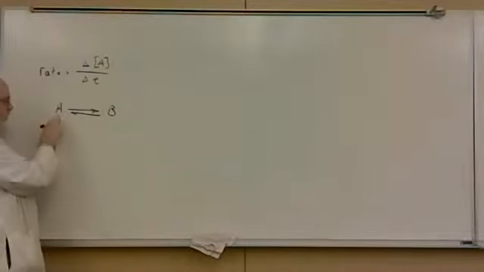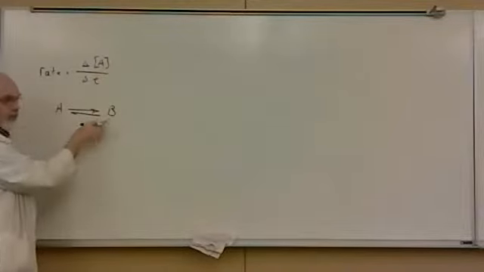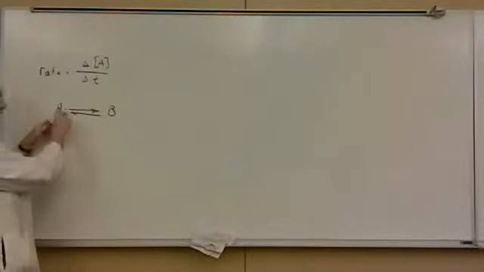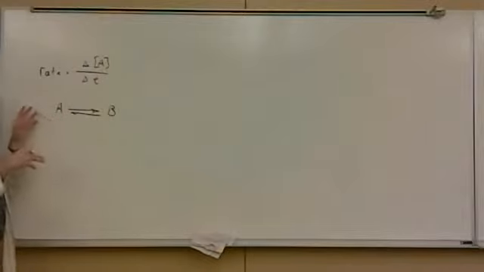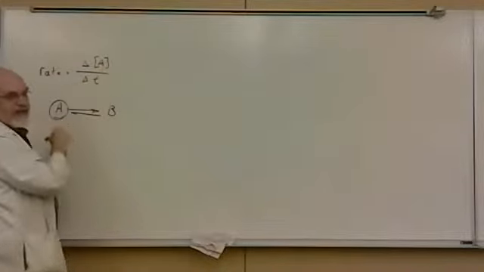So we want to watch the disappearance of A at the very beginning, where there's so little B that the return reaction does not influence the forward, right? We're going to look at the balance of these two in the next chapter. But for right now, to determine the reaction rate, we typically look at this one and its disappearance, right? So this change here is going to be a negative value.